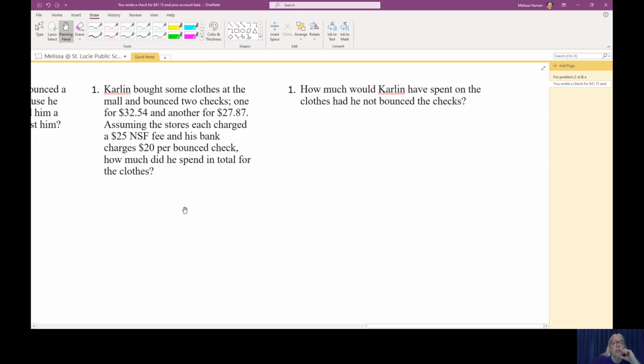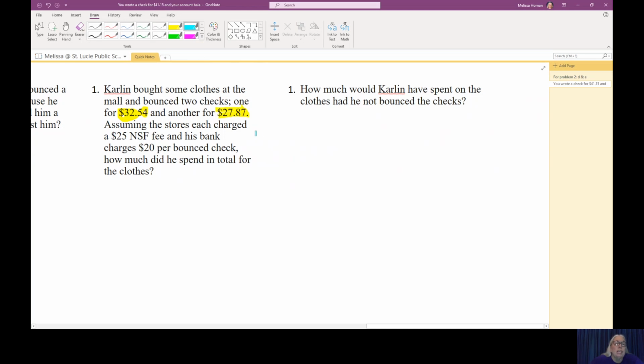Carlin is a 2-part question. Both of these questions, which will be number 4 and 5 on your paper, are about Carlin. Let's look at the situation. Carlin bought some clothes at the mall and bounced 2 checks, one for $32.54 and another for $27.87.